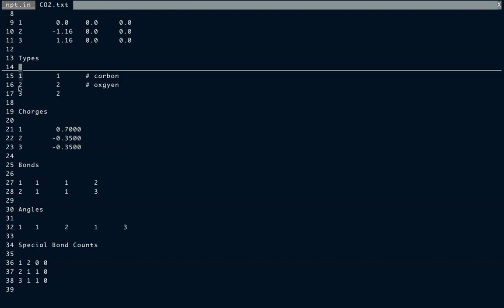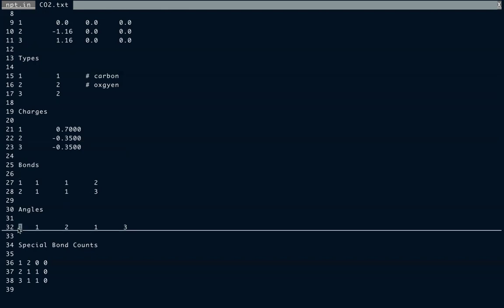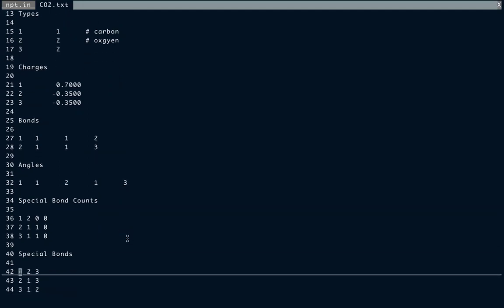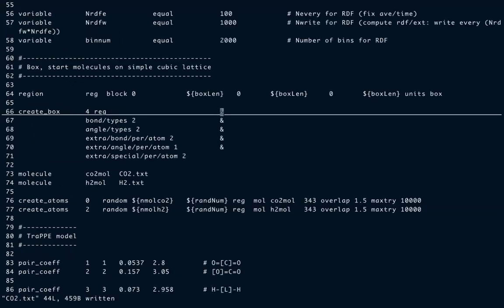These are the atom numbers which use these bonds. And then there's an angle. There is one angle, of only one type, between 2, 1, and 3. So 2 is oxygen, 1 is carbon, and 3 again is oxygen. That's the angle that you're specifying. And these special bonds and special bond counts basically tell you how to neglect the interactions within CO2 or H2.